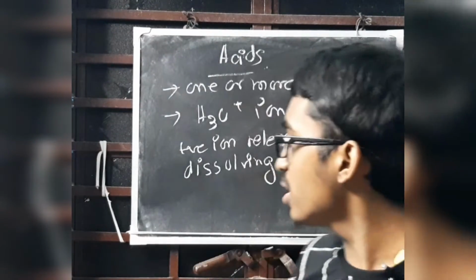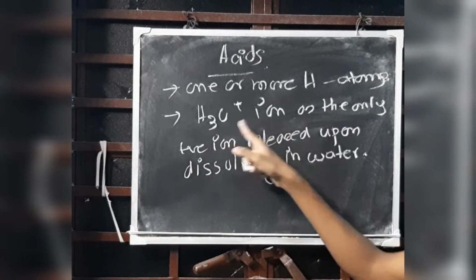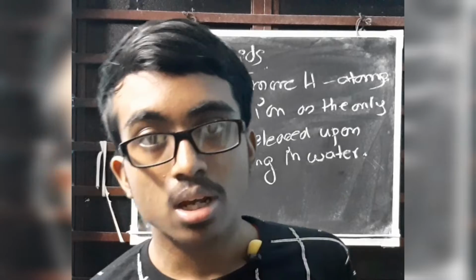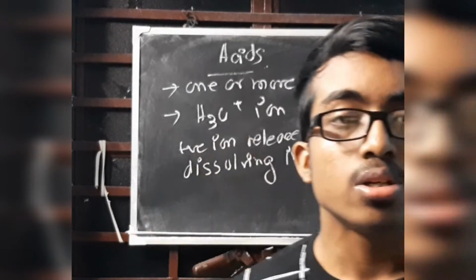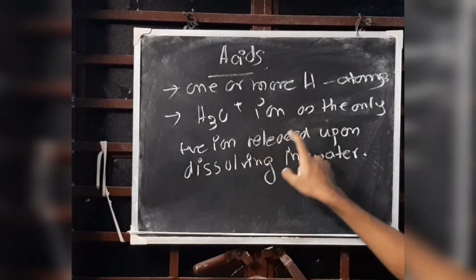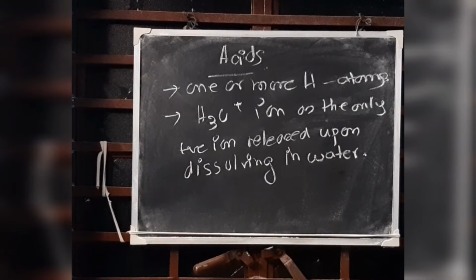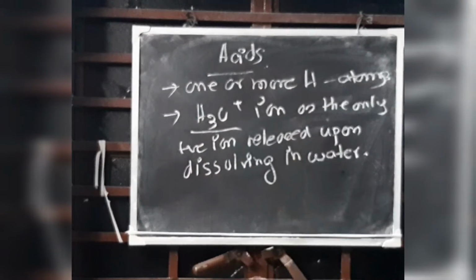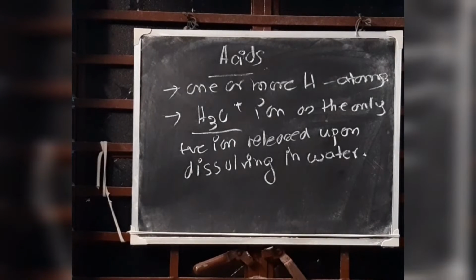But the main thing is this: H3O positive ion is the only positive ion that will be released when it is dissolved in water. A very important keyword that you need to remember from here. This H3O positive ion, you need to write this in your answers.